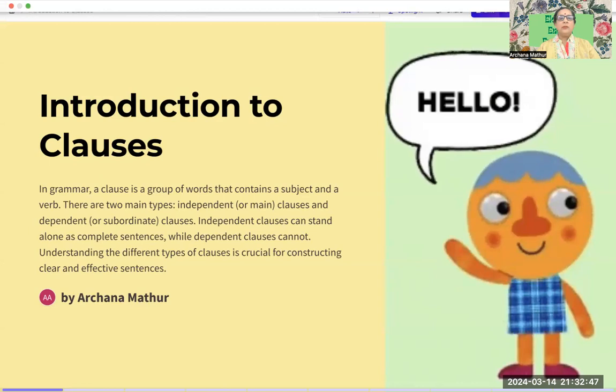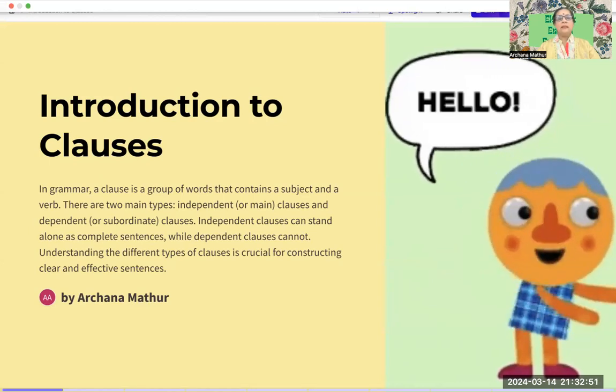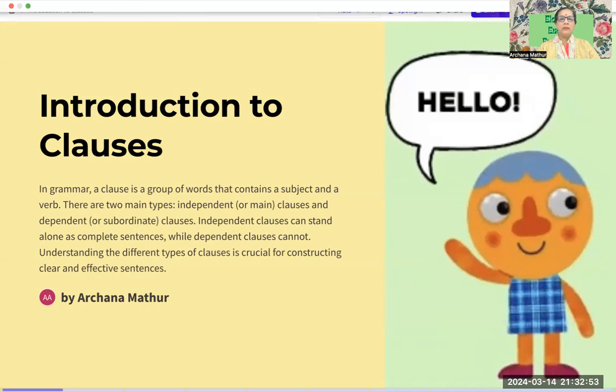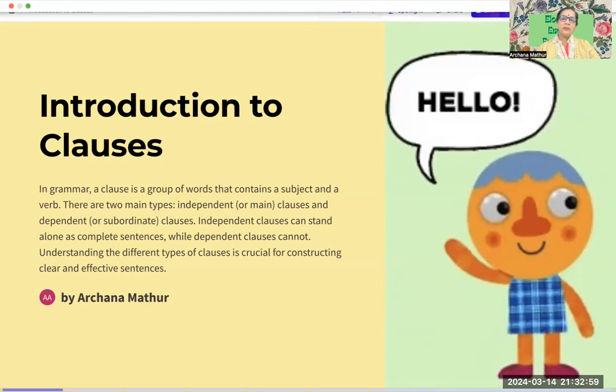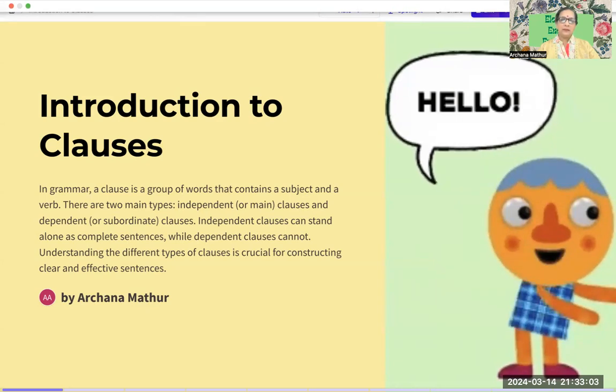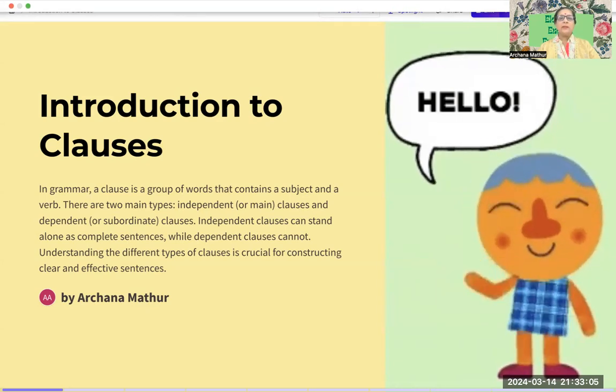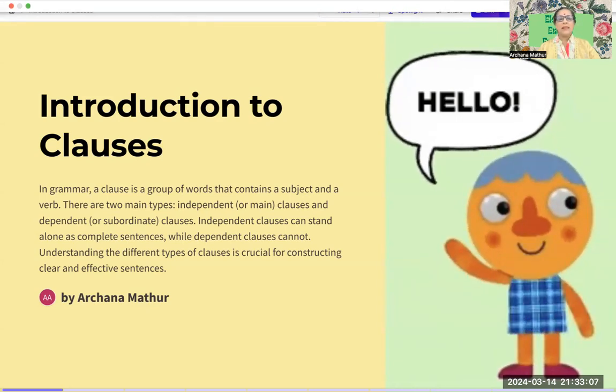Okay, so there are two types of clauses, basically independent or the main clause and a dependent or a subordinate clause. Further categorization I'll be dealing with in the same video. Independent clauses can stand on their own.